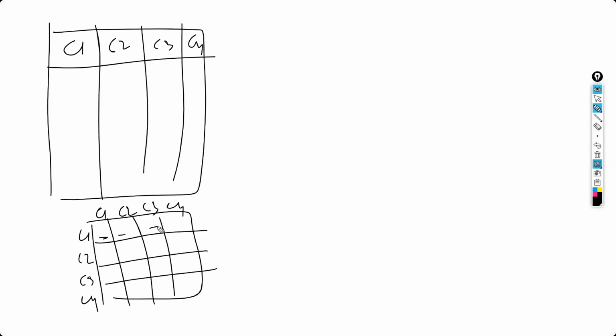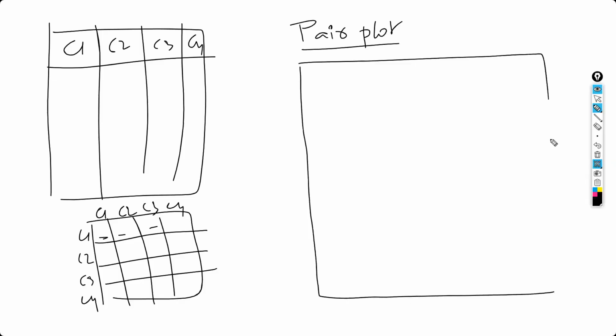Similarly, here in the pair plot, total 4 continuous variables are there, so I'm going to create 4 by 4 subplots. However many continuous variables there are, that many rows and columns of subplots.